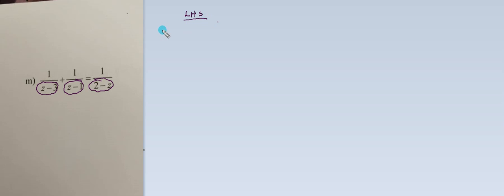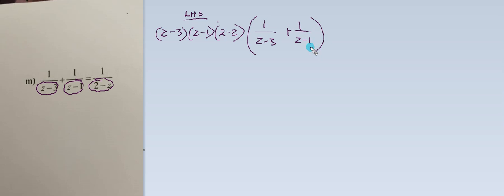It means on the left hand side, I'm going to multiply z minus 3, z minus 1, 2 minus z with this whole thing: 1 over z minus 3 plus 1 over z minus 1.